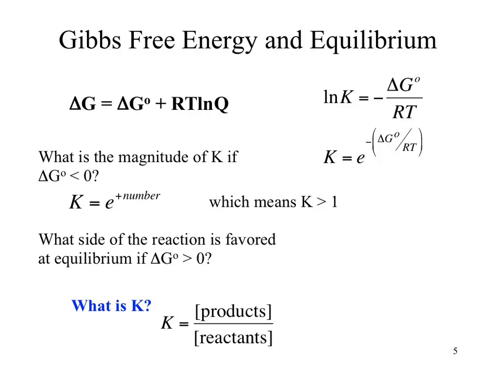Again, just plug in your assumptions. We're saying delta G greater than 0, which means the sign is positive. Delta G is positive, R is positive, our temperature is positive. We're looking at e to a negative number. I don't care what the number is, as long as it's a negative number. What's the result? We get K less than 1.